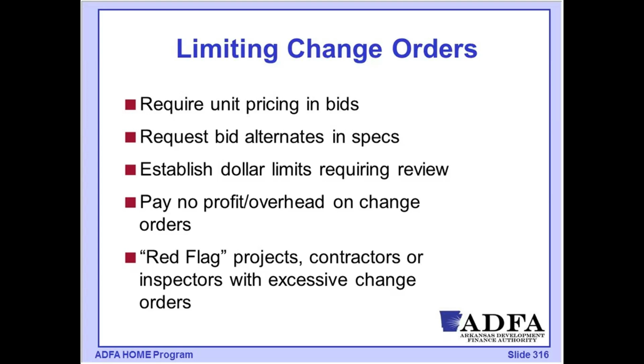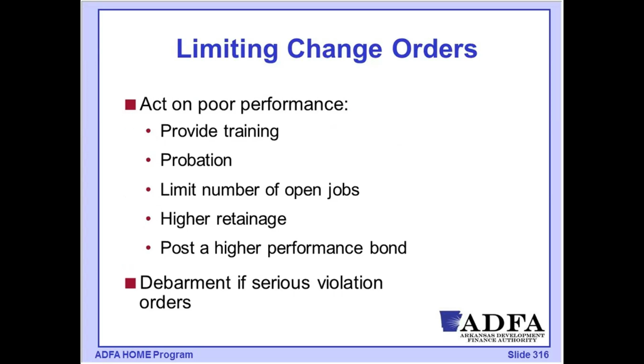And that's essentially a red flag when we begin to see those kind of change orders being executed. Sometimes that's simply an indication that they underbid and they're losing money. In other cases, it's a way to kind of nickel and dime the project to bring in some additional revenue.